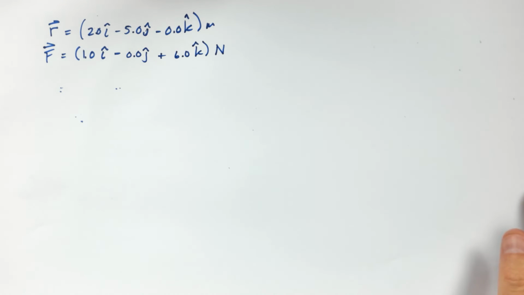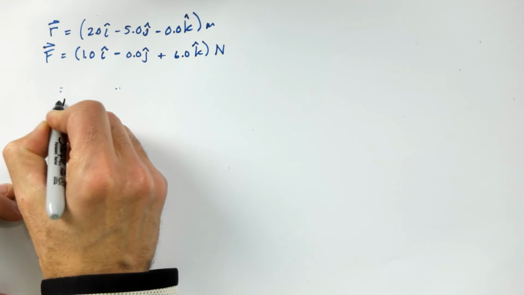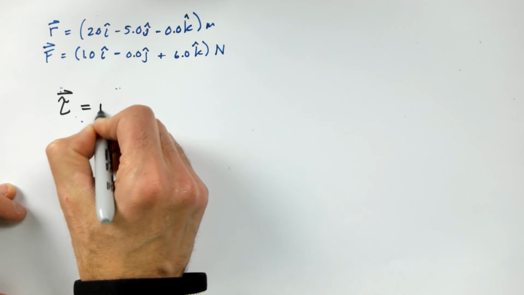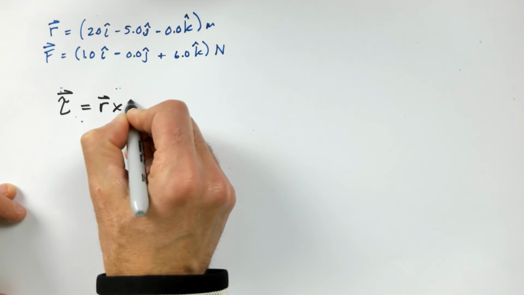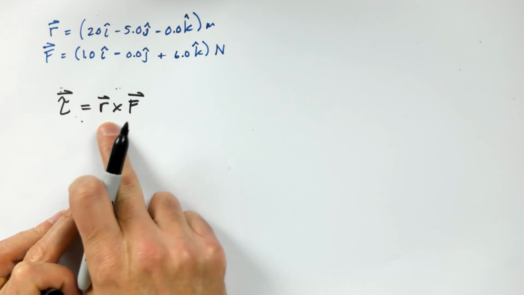So here are our two vectors relative to the axis of rotation. We're going to determine the torque associated with these two, and we're going to start out with the torque is equal to R cross F. By the way, this is not commutative.